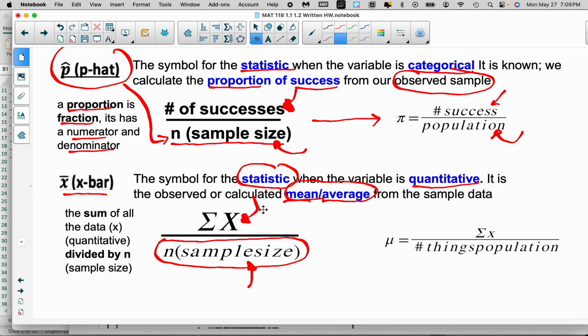This is X bar. We're doing that because we're interested in mu, the mean or average of all the things in the population. That parameter would be, if we could take all the things, let's say the weight of each person in the population divided by the number of people in the population, that would give us the average weight of all the things. When we take our sample, we find the average weight of the sample, and then we try to use that to draw conclusions about the entire population.